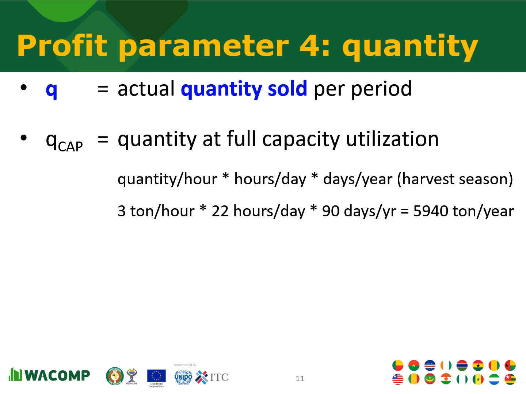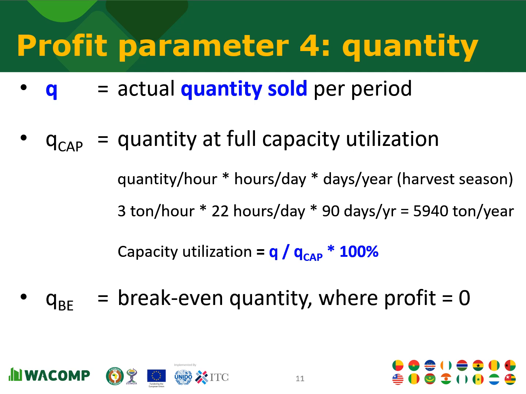In this example, we can process 3 tons of mango per hour, multiplied by 22 hours per day, and assuming that we need 2 hours for cleaning and changeover, multiplied by 90 days per year. So our maximum production capacity is 5,940 tons per year. Now the formula for capacity utilization, that is the actual quantity sold divided by the maximum capacity, multiplied by 100%.